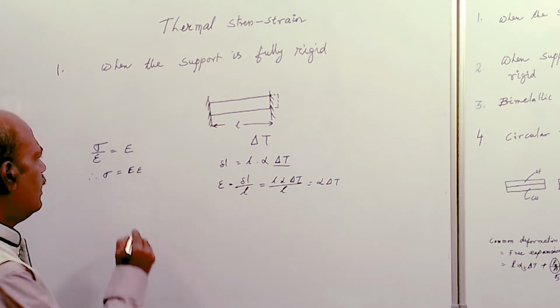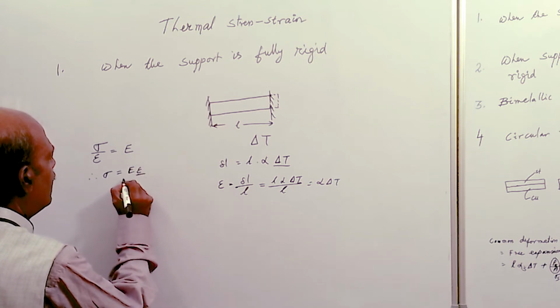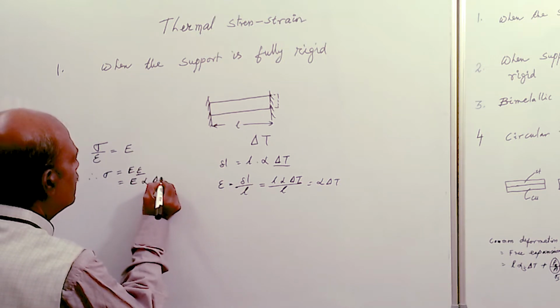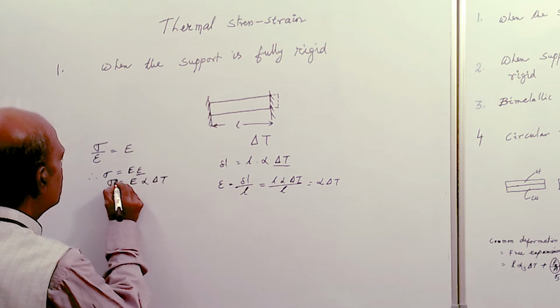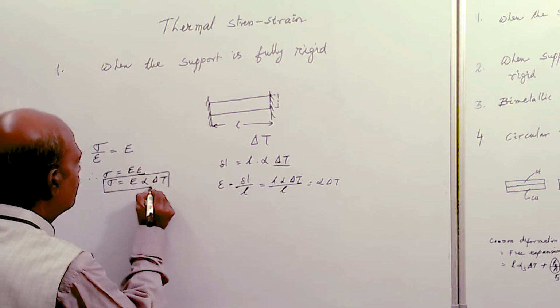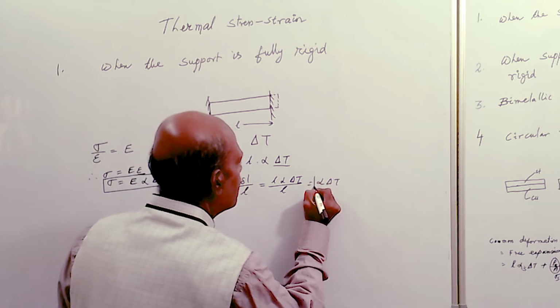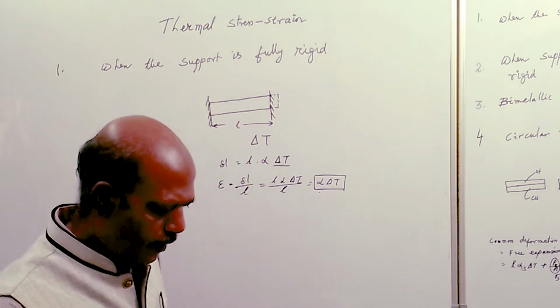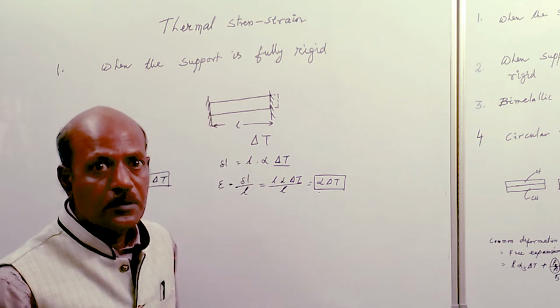By replacing this epsilon, we can write E into alpha into delta T. So that is the thermal stress developed in the body, and alpha into delta T is the strain developed in the body. So this is about the first case.